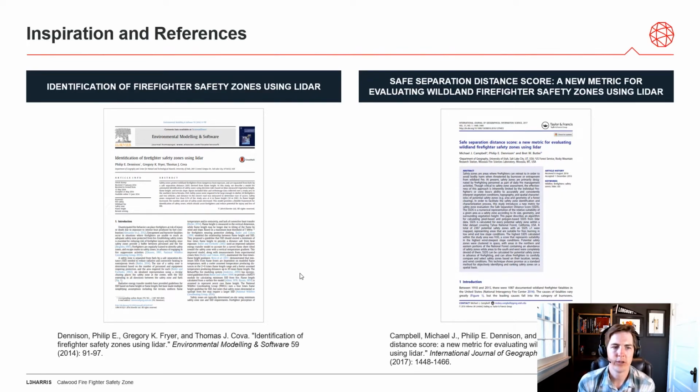One was done by Dr. Dennison, called Identification of Firefighter Safety Zones Using LiDAR, and the other was done by Dr. Campbell, called Safe Separation Distance Score, a new metric for evaluating wildfire fighter safety zones using LiDAR. In reading through these two papers, I thought, I'll give it a shot. These algorithms look like they could be easily modeled up. And so, yeah, I gave it a go.